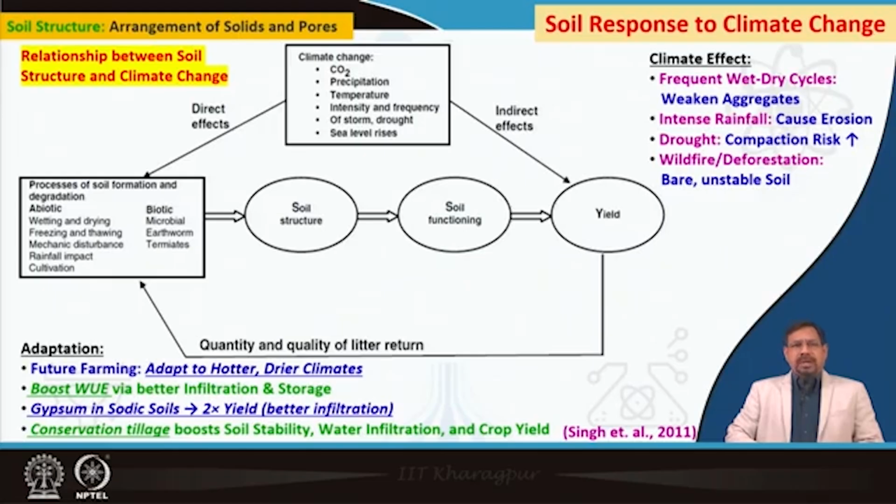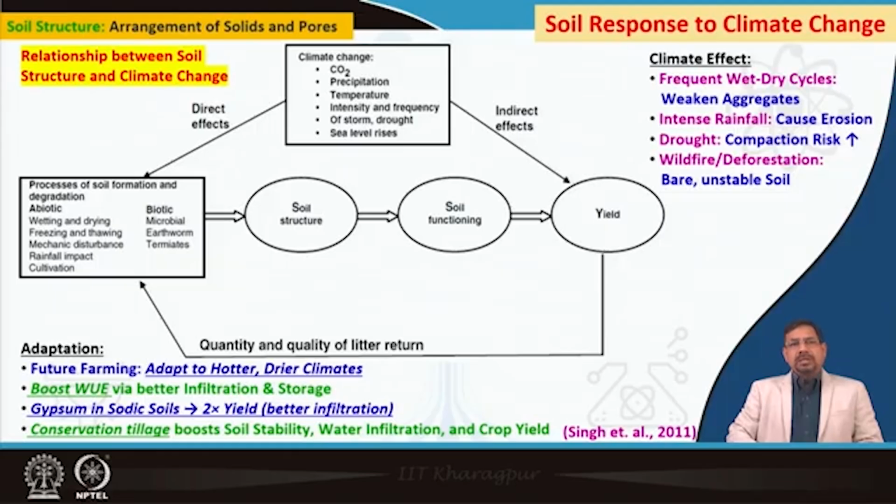the adaptation mechanisms? So, adaptation is the future of farming. In future we need to adapt to relatively hotter and drier climates. So, that means what? The plant system has to adapt to relatively hotter or warmer temperatures and somewhat lesser water moisture conditions, or even drier climates.